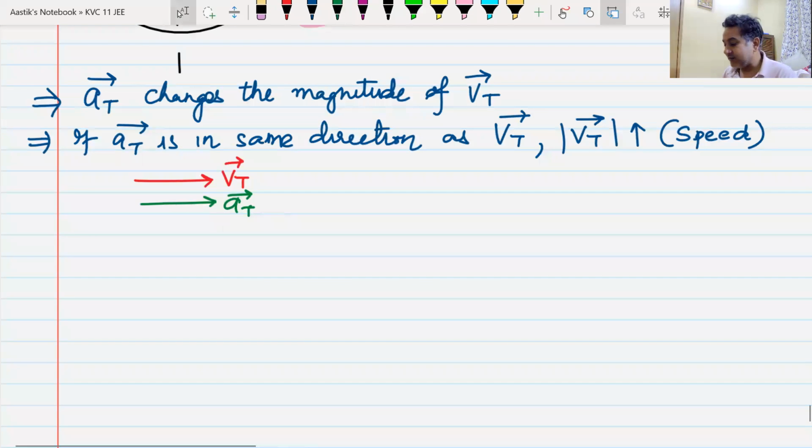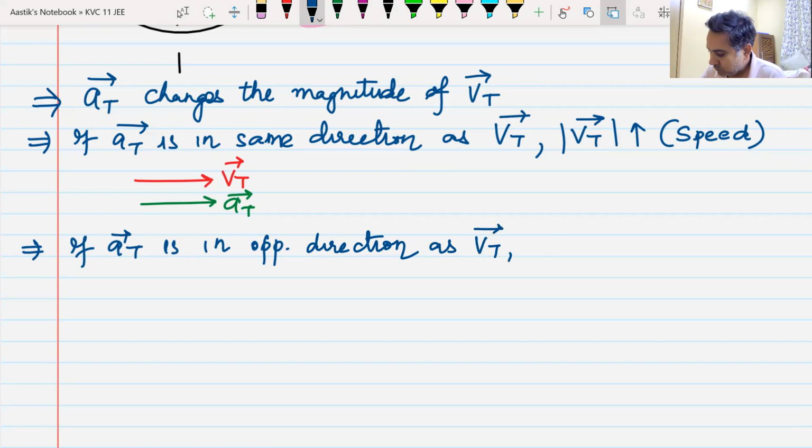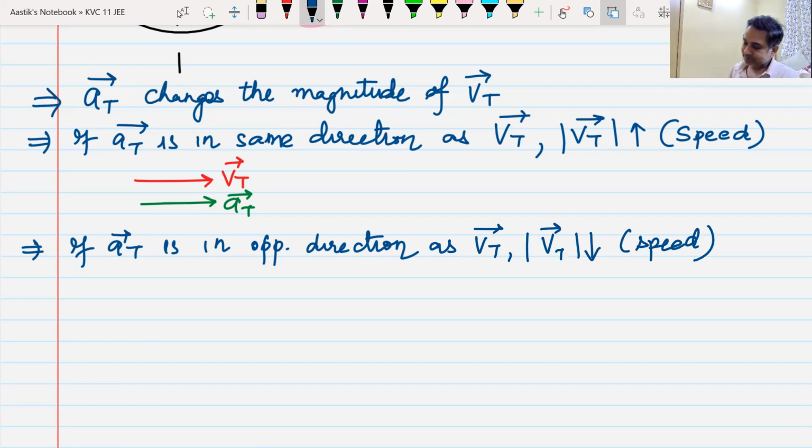What happens when it is in the opposite direction? If AT is in the opposite direction as Vt, then the magnitude of Vt will decrease, or your speed will decrease.